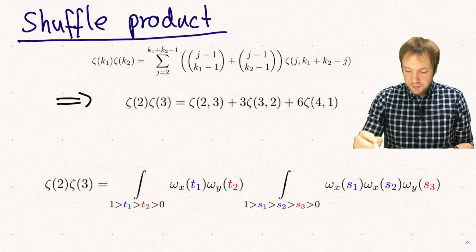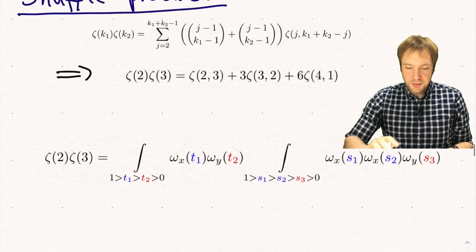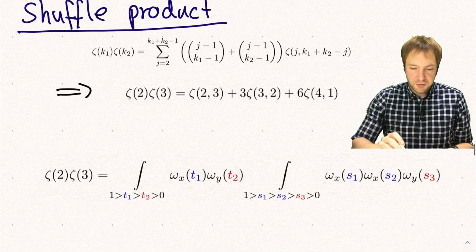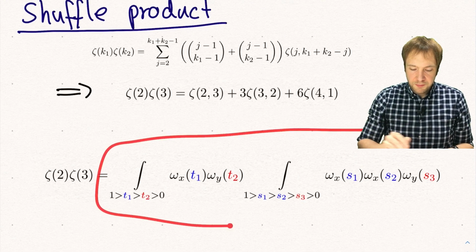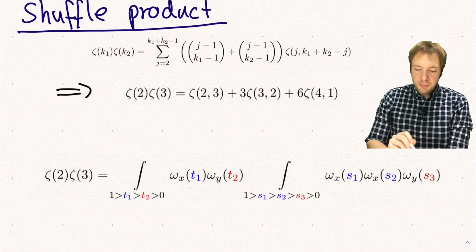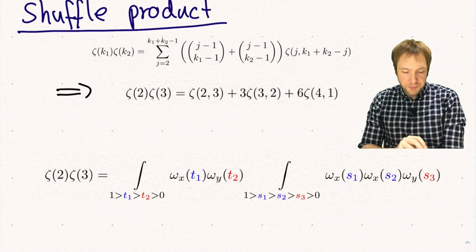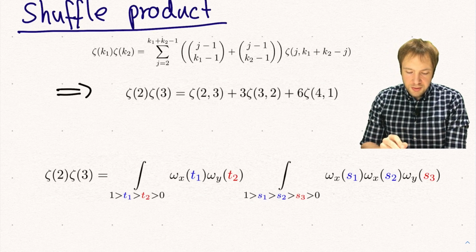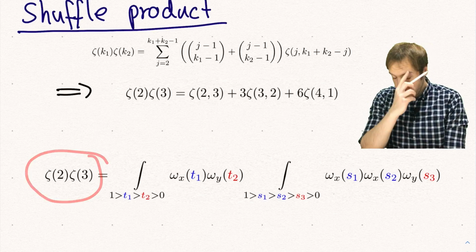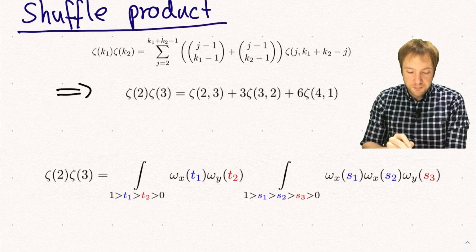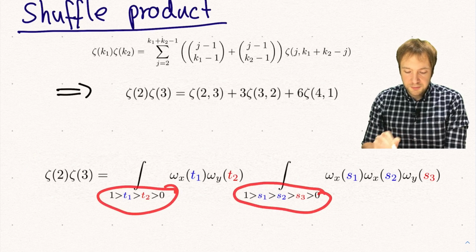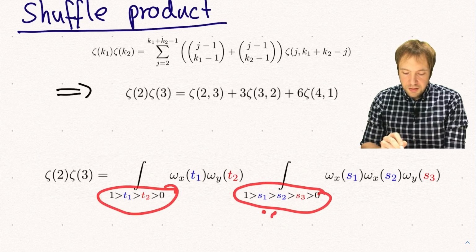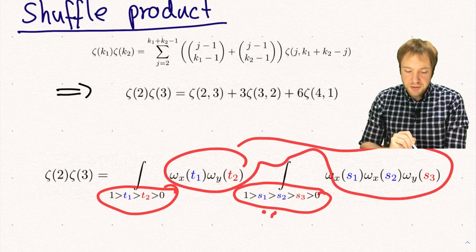So for this we write down the iterated integral expression of zeta(2) and zeta(3), which is given by this here. And now one can check that we can use Fubini's theorem here. So in total, if we multiply these two integrals, what we will have is one integral over the domain of these two things here, of the product of these differential forms.